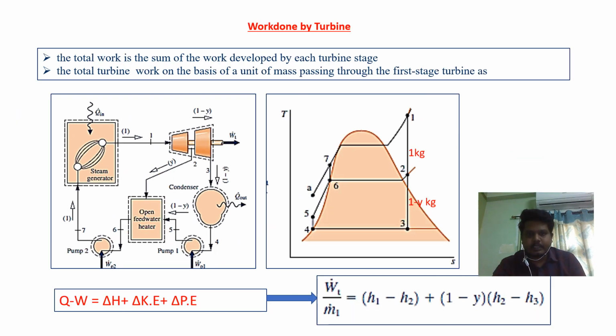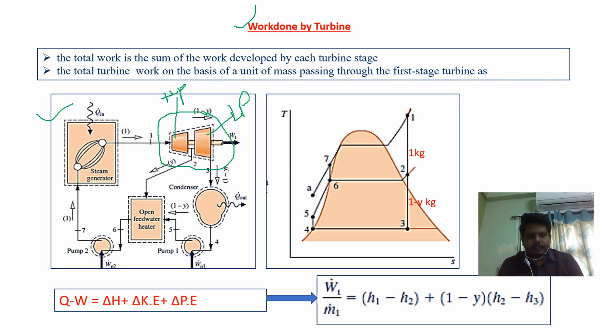Now let us discuss work done by the turbine. As you can see in the schematic diagram, here we have two turbines, high pressure turbine and low pressure turbine. Now the total work done equals work done by the high pressure turbine plus work done by the low pressure turbine.